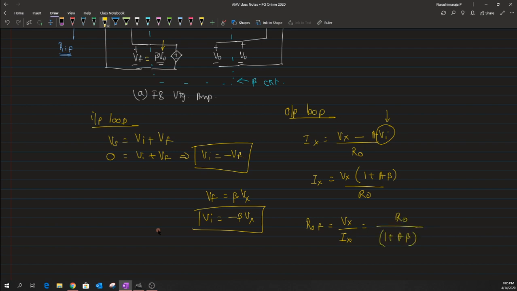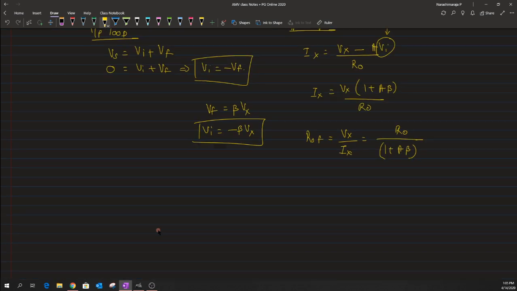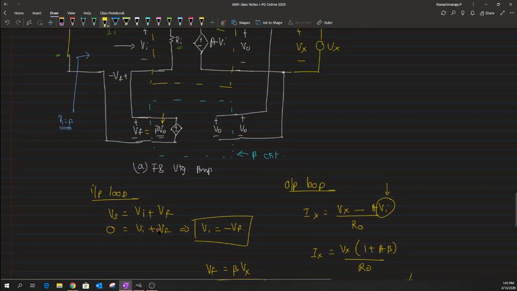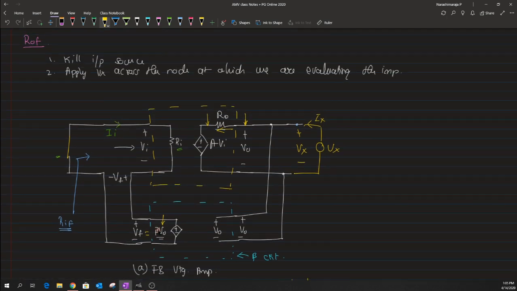Okay. So here clearly one could see that the output impedance R naught, which is the open loop output impedance, has got reduced by a factor of the amount of feedback quantity, okay, for a feedback amplifier output impedance. So the ROF value is defined by this. Okay. And we also know that the type of connection that we have made across this output is basically a shunt connection.